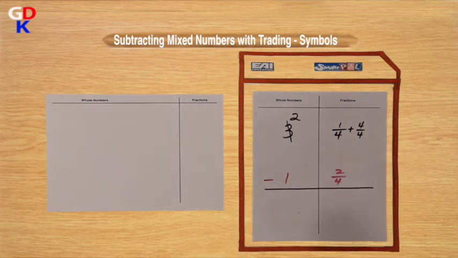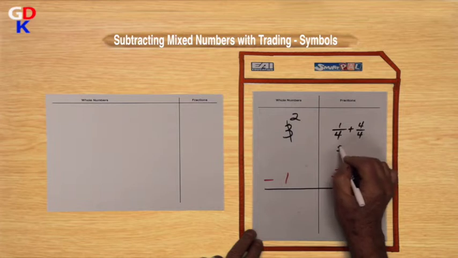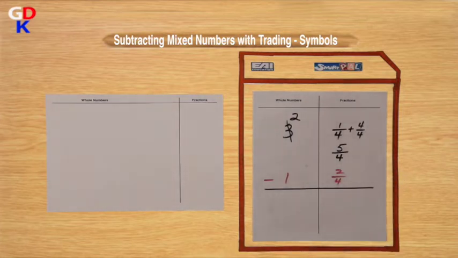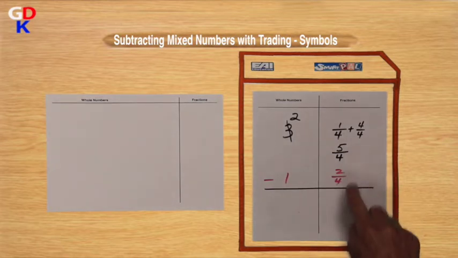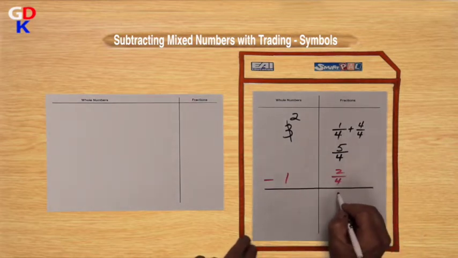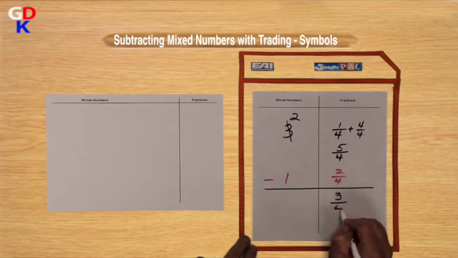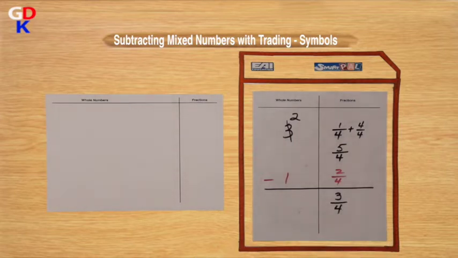Now I have a total of 5/4. I wanted to subtract 2/4. Now I can subtract 2/4 because I have 5/4. 5/4 minus 2/4 gives me 3/4. Also in the problem, I wanted to subtract 1. I can do that now.